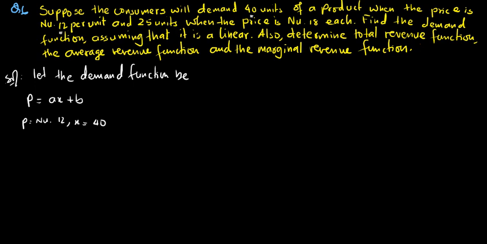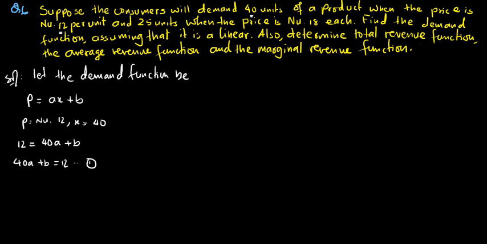So here you will get 12 is equal to 40A plus B, or you can write this as 40A plus B is equal to 12, and let this be equation 1.